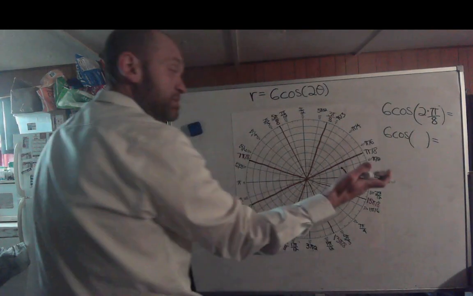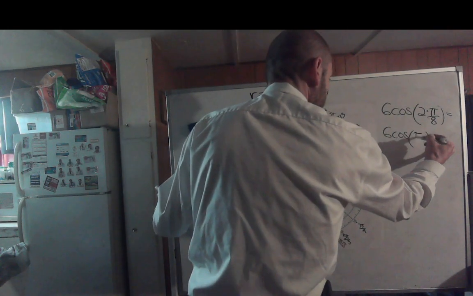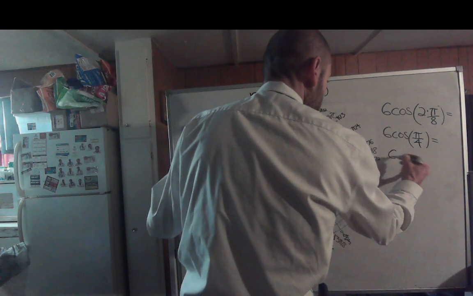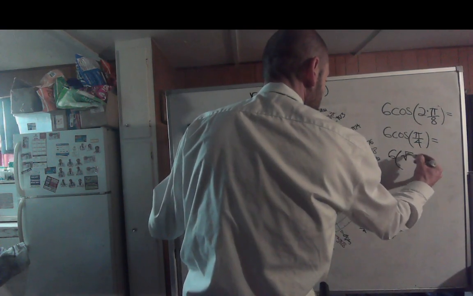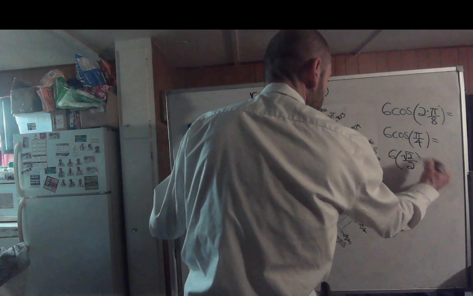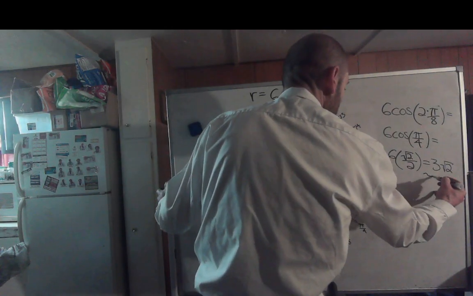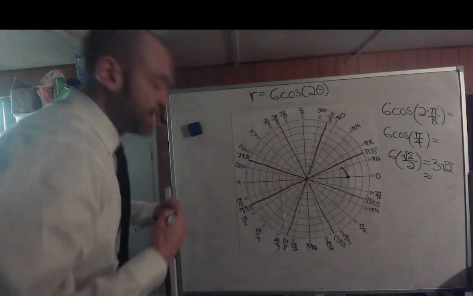So 6 times the cosine of 2 times pi over 8. Well, 2 times pi over 8, that's just pi over 4. So what is the cosine of pi over 4? Well, that's the square root of 2 over 2, so 6 times the quantity square root of 2 over 2 gives me 3 times the square root of 2, which let's see what we get now.